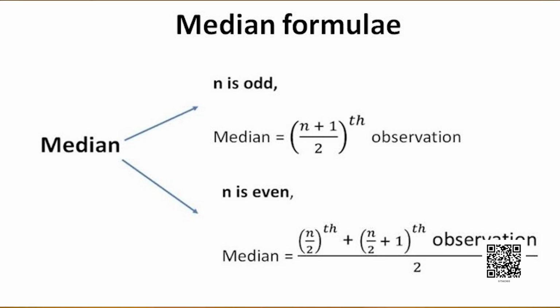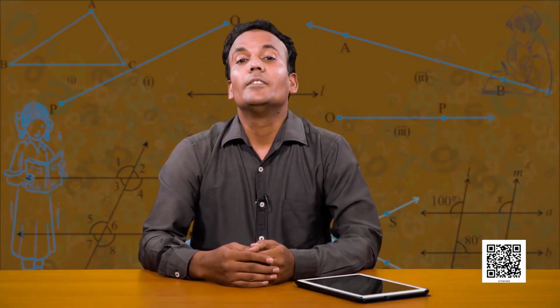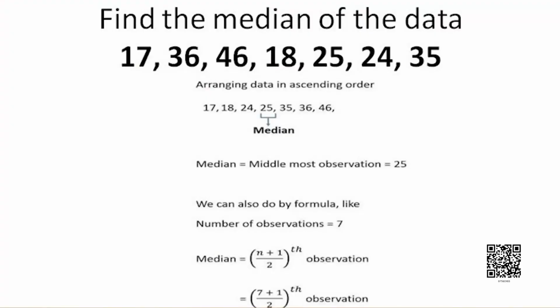So let us take the example which we did earlier. We had 7 observations. If we have 8 observations, so when I find I have an even number of observations, I will be using this formula. So let me take this example. Find the median of the data 17, 36, 46, 18, 25, 24 and 35.